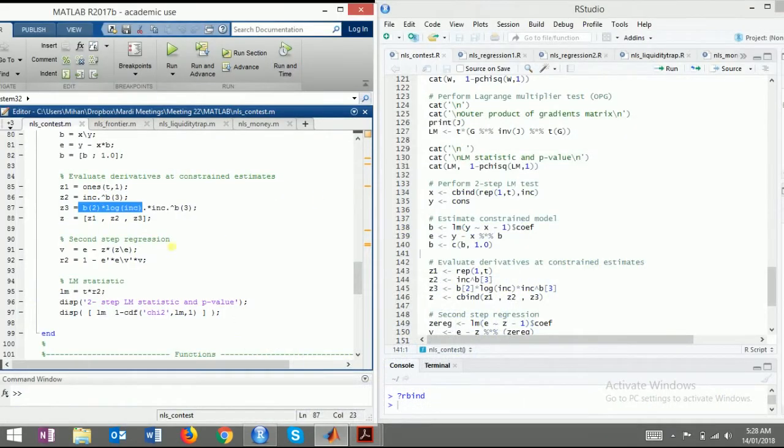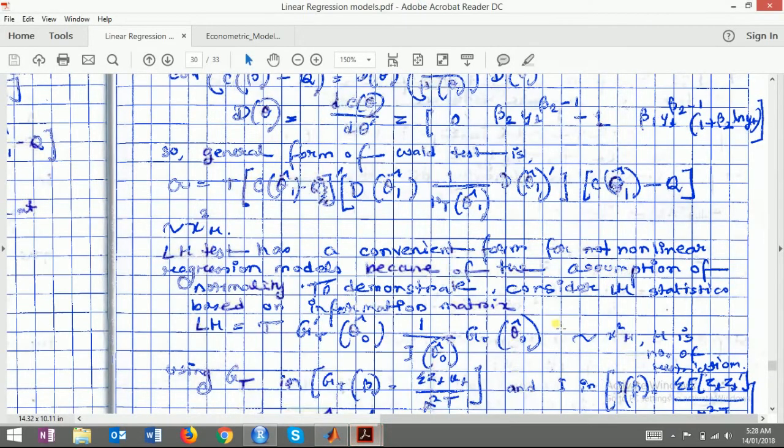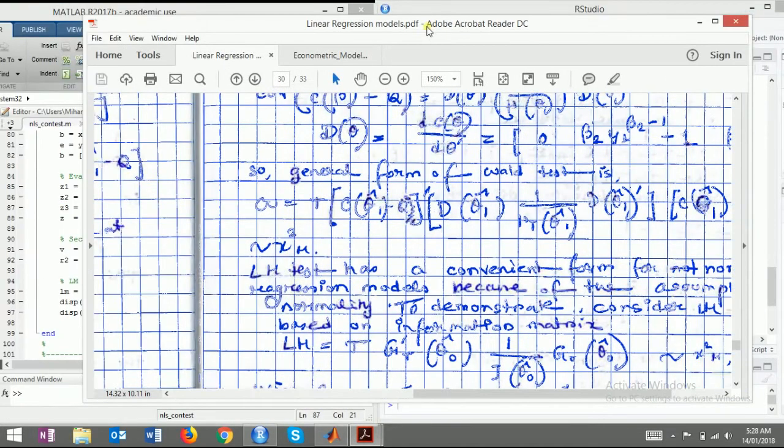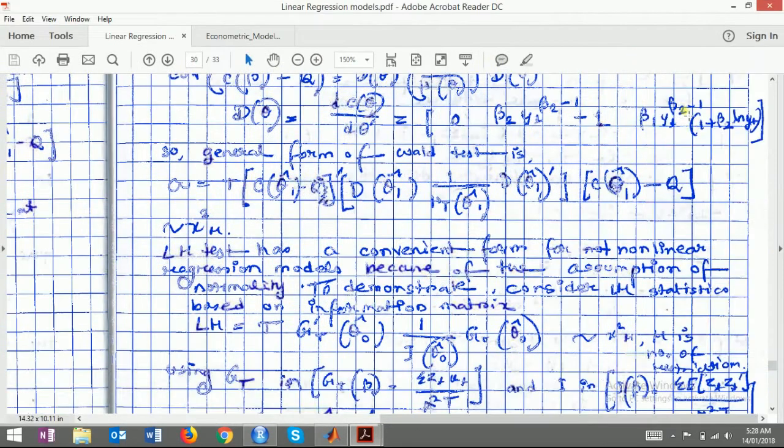Okay, so 1's t1 income, beta 3, Z3 is beta 2 log of income to the power beta 3. These are coming from the constraint estimates. So first is ones, not zeros, ones. Okay, because there's a negative one that replaces everything here.